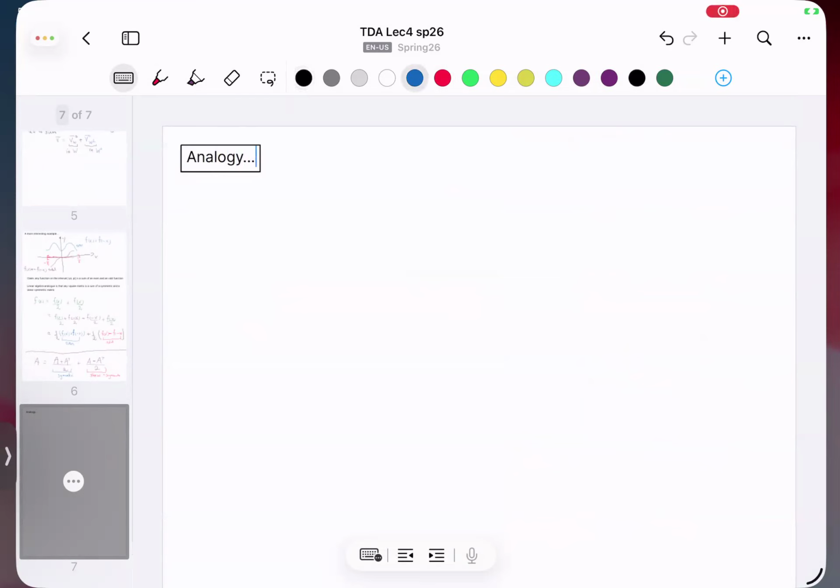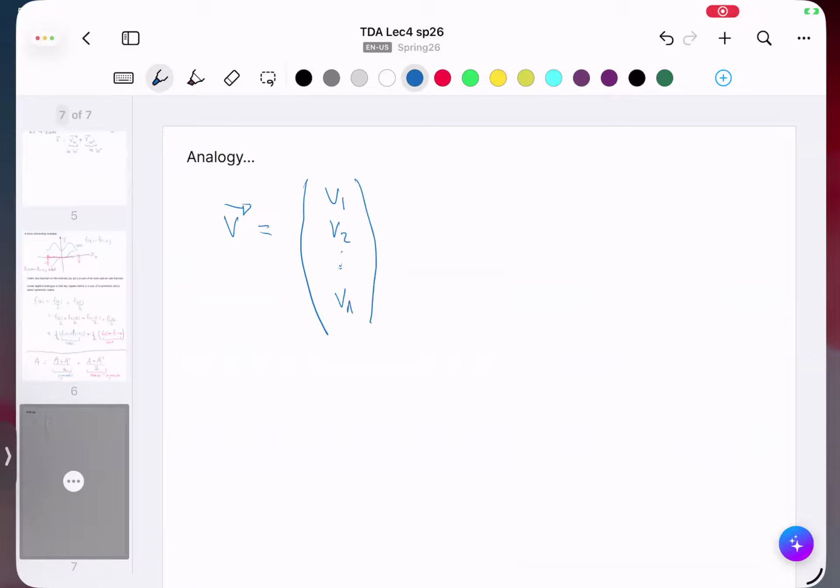This is probably something that in computer science or discrete math could be a different notation that you use. But when you have a vector with n entries, the way that we write it to refer to its entries is v sub 1, v sub 2, v sub n, right?